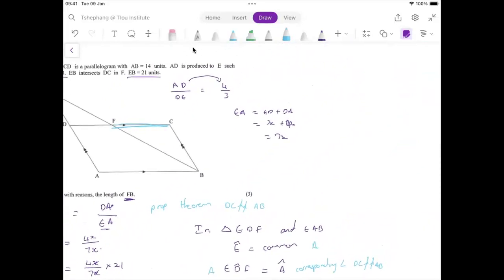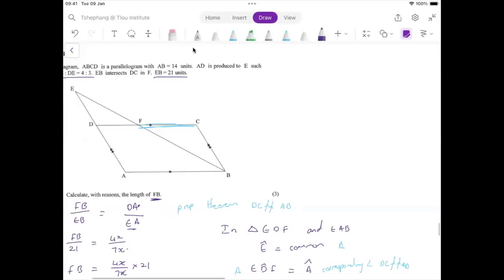I'm simply going to erase this so I can write it here. So because we proved that these are similar, it means that lines are in proportion to each other, only because these two triangles are similar to each other.